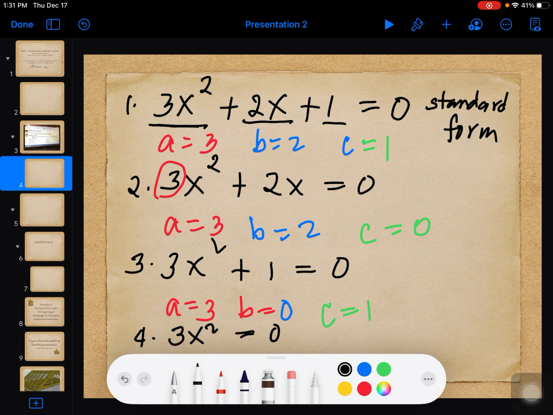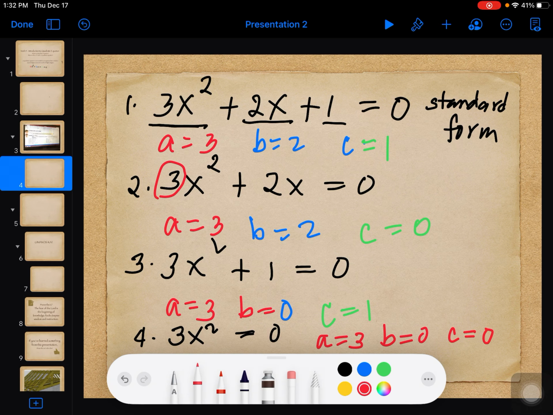From here, you cannot see any first degree term and constant term. The only thing that you see is the second degree term. That's why you have a equals 3. You cannot see any b, that's why it's 0, and you cannot see any c, that's why it is also 0.